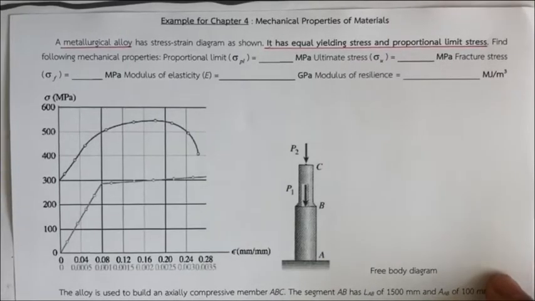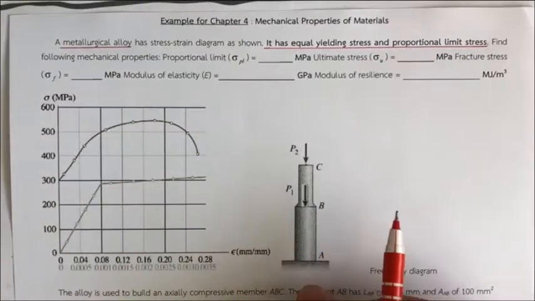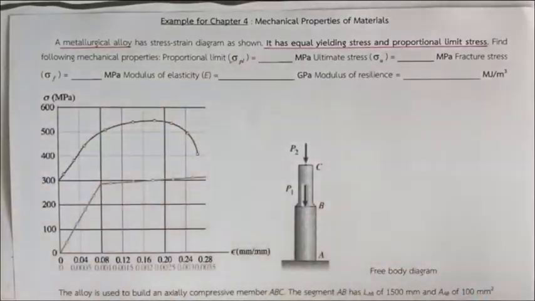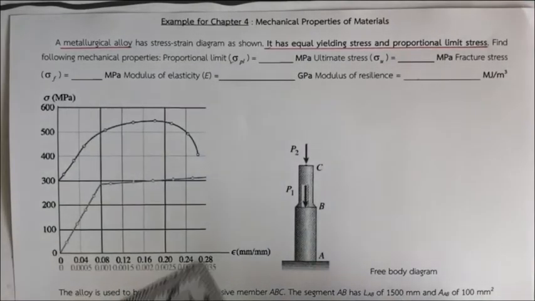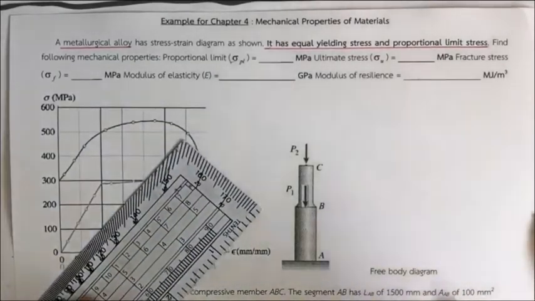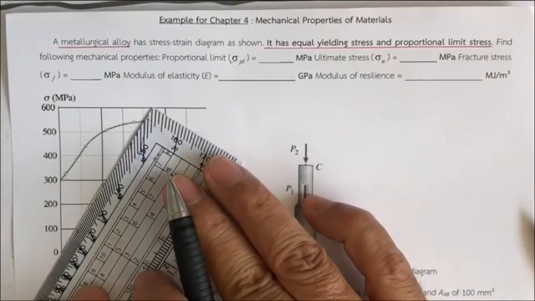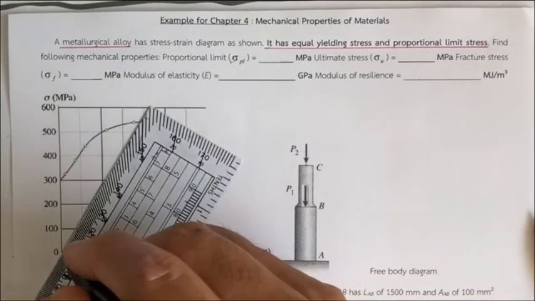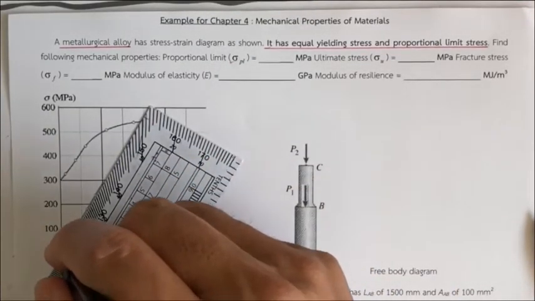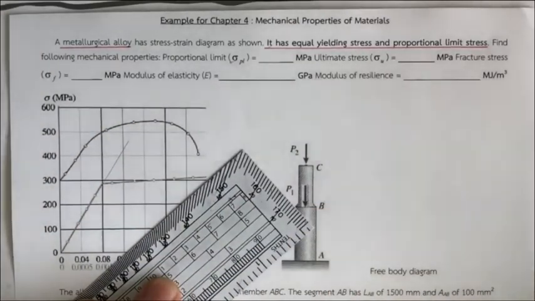Okay, when you consider the stress strain diagram, the first part, if you'd like to find the proportional limit, what is the proportional limit? The proportional limit is the last point where the relationship between stress and strain is linear. Usually, if you'd like to find that, you put your graph and mark it with a straight line.